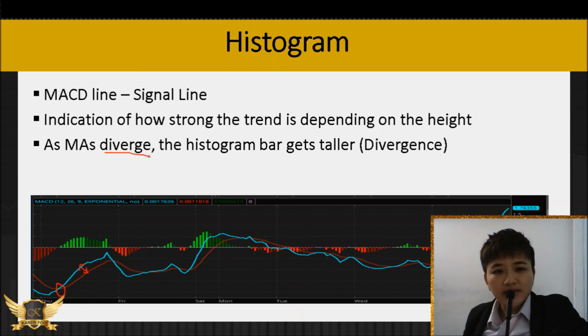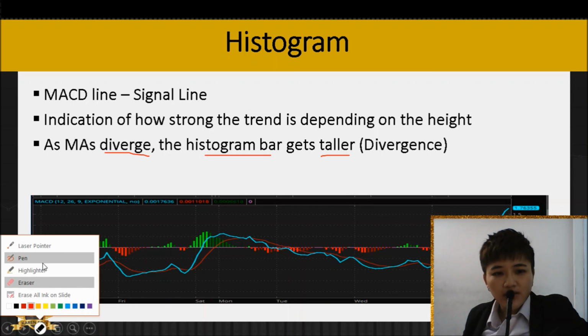When the MAs diverge from each other, it means that the strength of the trend is getting stronger. And when the MAs diverge, you see that the histogram bar gets taller. Right here, the gaps are widest, and the bar is also the tallest.